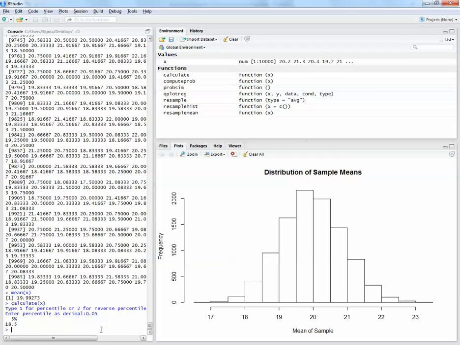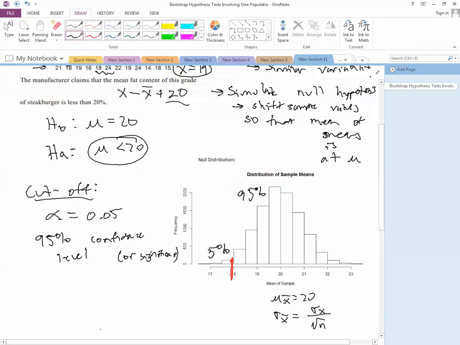So I was close. What I've concluded is that my cutoff is 18.5, meaning that if I observe a sample mean that's less than that, then I would probably say, you know what, even though it can happen from this distribution that's centered at 20, it's very unlikely.